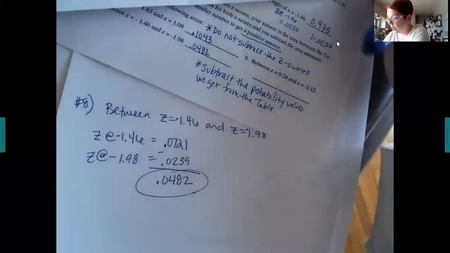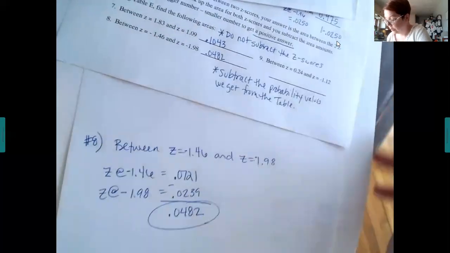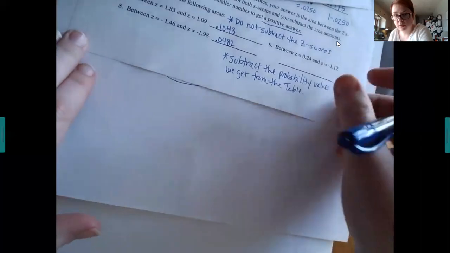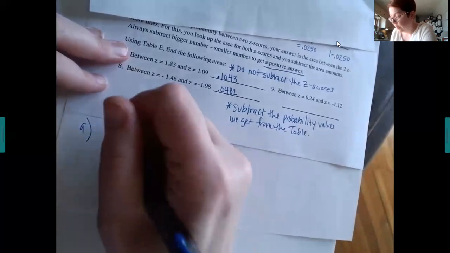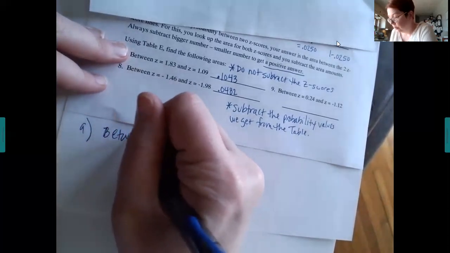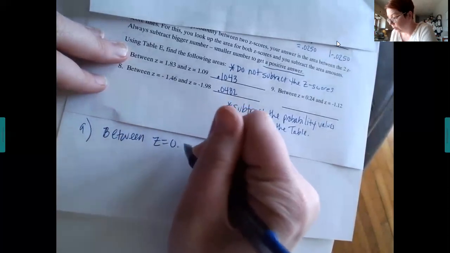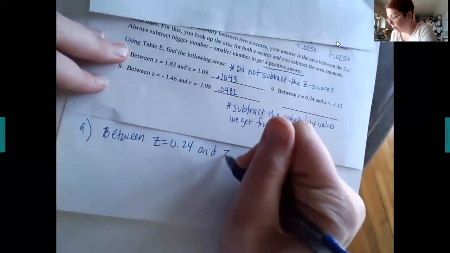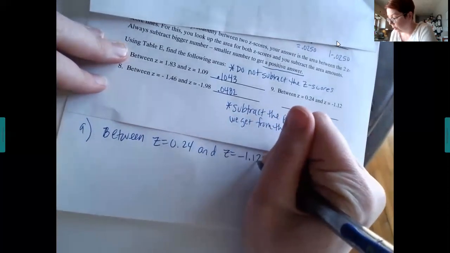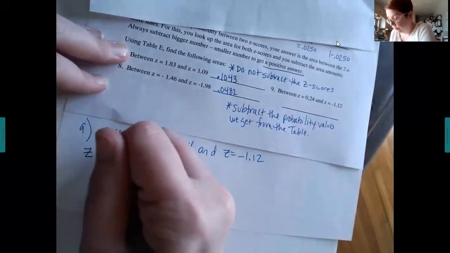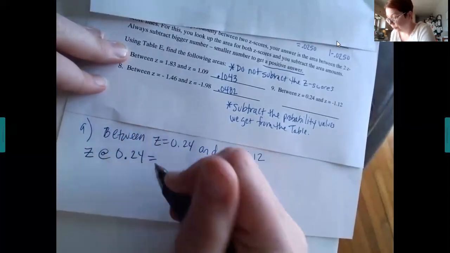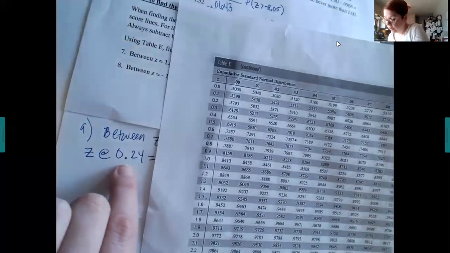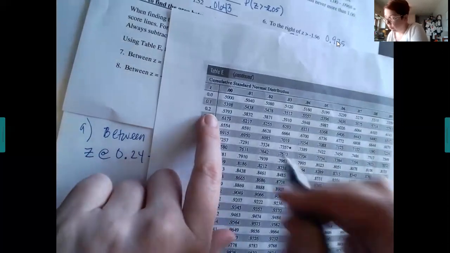Okay. And last but not least, we'll look at number 9. Why not? It is between z equals 0.24 and z equals negative 1.12. So we look up z at the first value. It's on the positive side, so we want to make sure we go to the positive side. 0.2 are the first two numbers, and then we go over to 4.